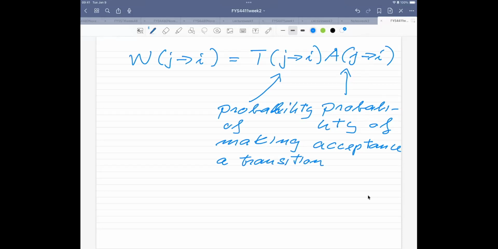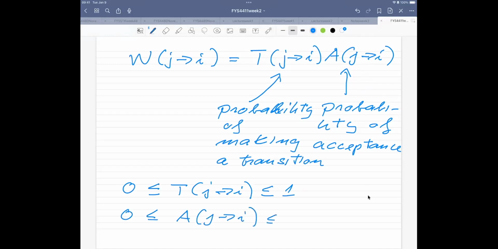So the thing we also need to say something about is that these are probabilities. So it means that all the elements here, so this is a specific element of the matrix T, is less than or equal to 1. And same with A. So you can think of having a matrix T and A, and they have elements.